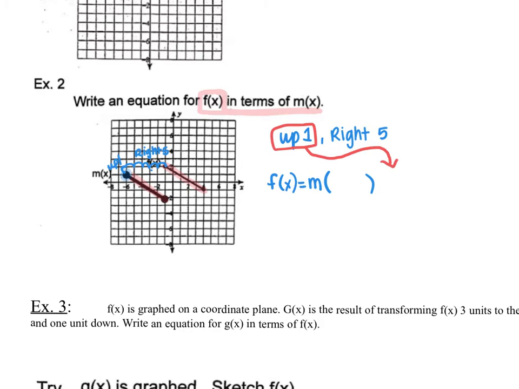Up 1 is really plus 1 on the outside of the parentheses. And then we need to go right 5. To describe a translation of right 5, we need to put that inside of our parentheses. And right 5 is really minus 5. And then we just need to put our x in there, and this is our function.